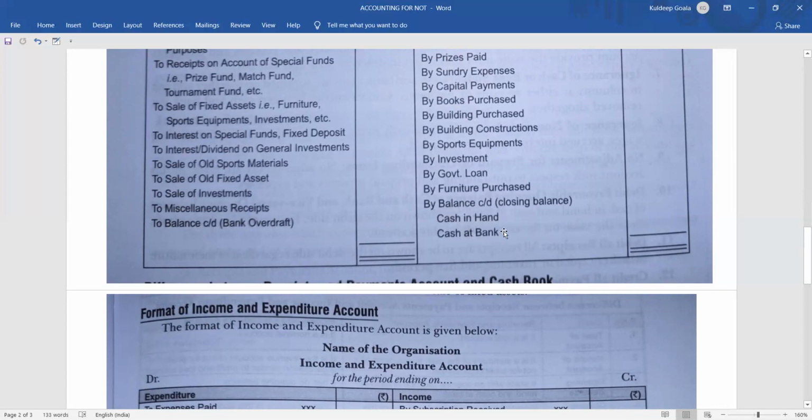Sometimes it can be given that the cash in hand is already given, so the balance will be by balance carried down, cash at bank. And if the balance is not provided at all, then you should write by balance carried down, cash in hand and bank. If cash in hand is already given, then the balancing will be cash at bank. If the cash at bank is given, the balancing will be cash in hand.